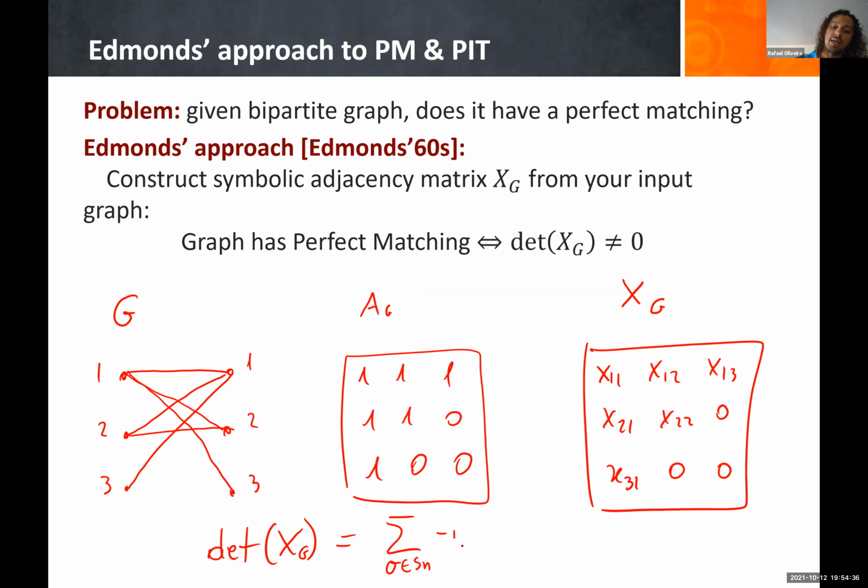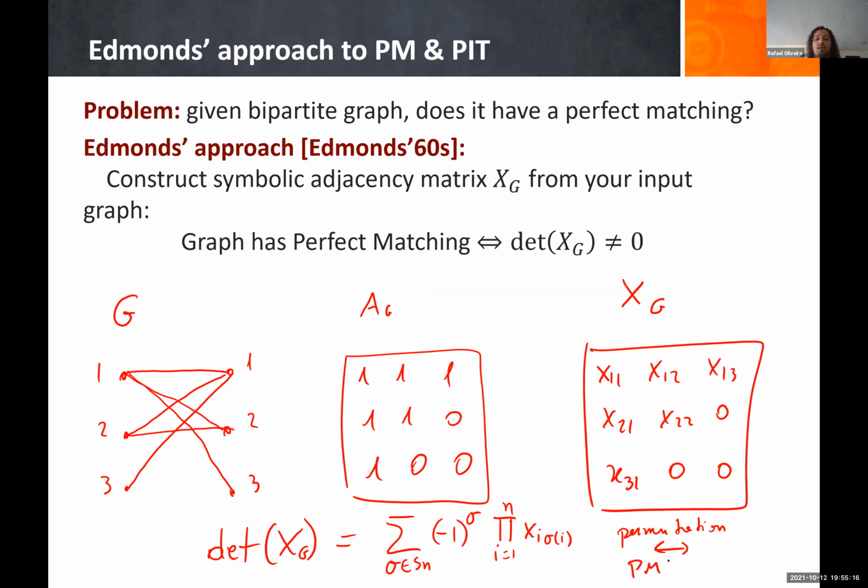We just have the sign of the permutation, and then the product over i equals 1 up to n of x_{i,sigma(i)}. Each permutation corresponds to a perfect matching in the complete graph. So if this determinant is non-zero as a polynomial, it must be that I have a perfect matching in my graph. Does that make sense? That's the reduction that we all know and love.